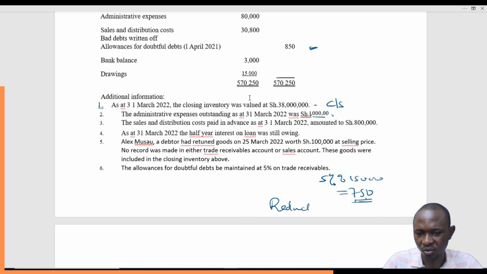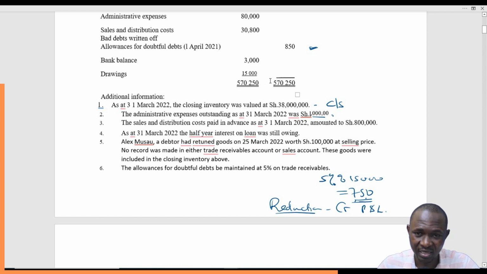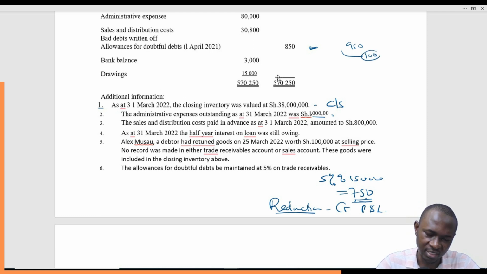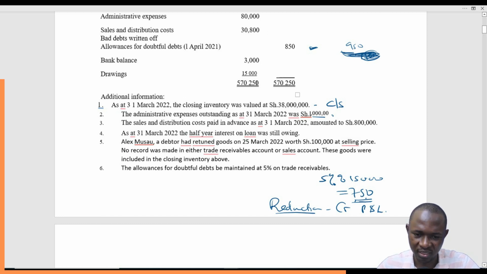Whenever we have a reduction, we credit the P&L. A reduction in allowance for doubtful debts. If it was an increase, say from 850 to 950, we would have debited 100 in the P&L under the expenses and losses. But since it's a decrease, it's as if we have gained. So that's why we are including it here.